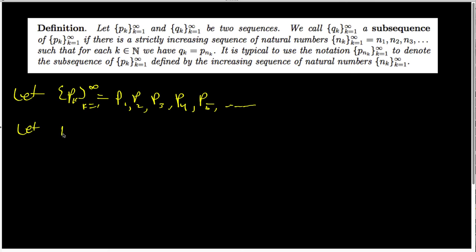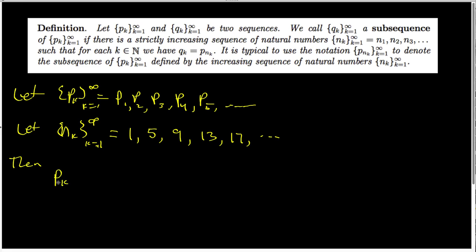If I let the sequence of n_ks, which has to be a sequence of integers, be 1, 5, 9, 13, 17, and so on. This is every other odd integer.